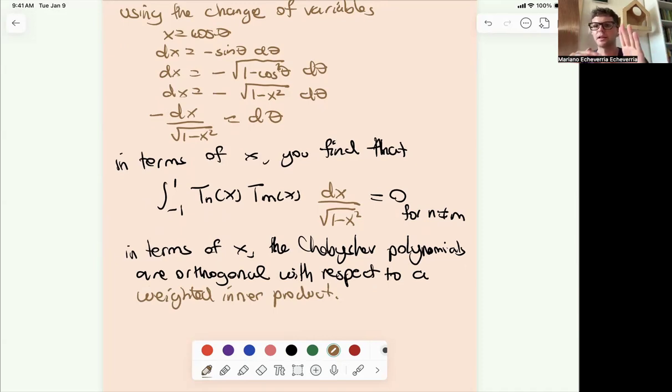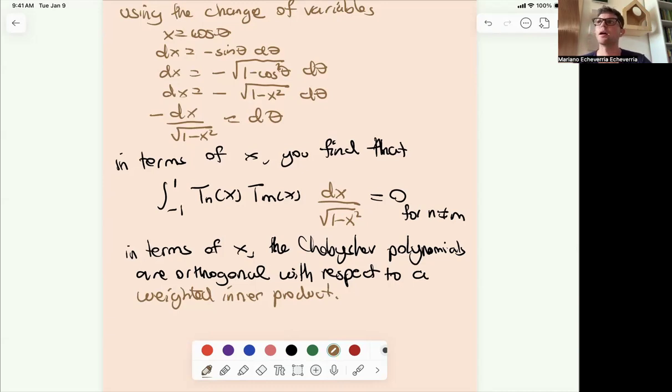Essentially, what it does is distort things. If you remember in Calc 3, when you do a change of variables with the Jacobian business, the grid gets distorted. And so it changes the notion of perpendicularity, in a sense. The idea is that if you change your mind about what it means to be orthogonal or perpendicular, then with respect to this notion of being perpendicular, these polynomials are still perpendicular. But again, we're not going to use this weighted inner product directly.